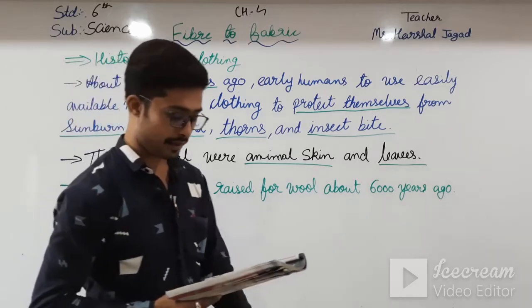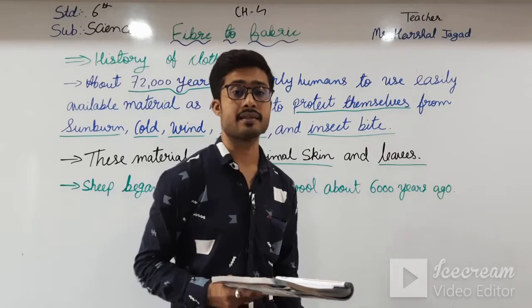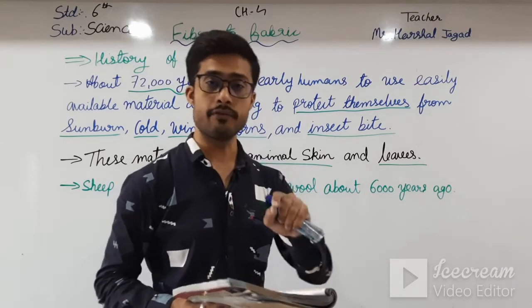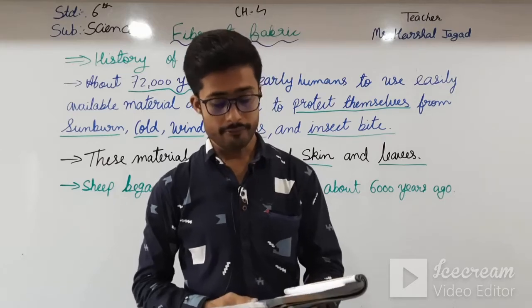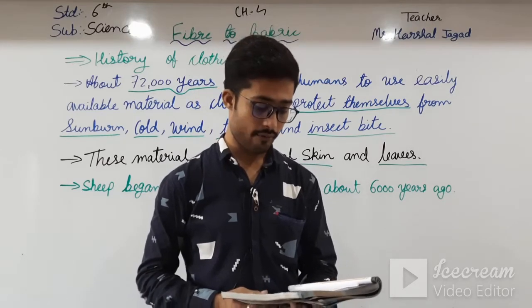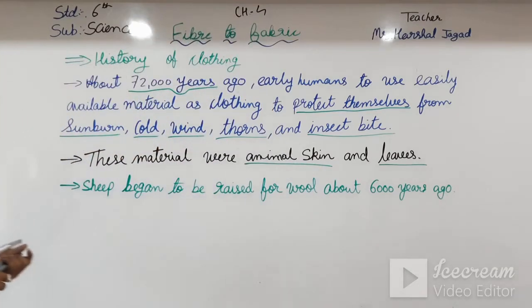Okay students, and then next, see here, in 3000 BC, BC means before Christ, a fine fiber called silk was developed in China. See here, this is also a main point and this can be asked.